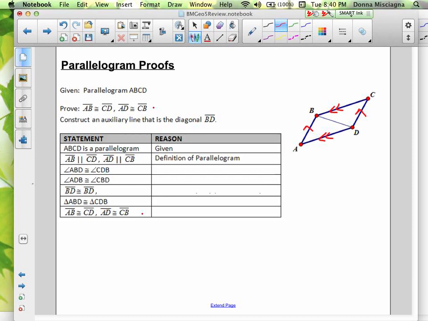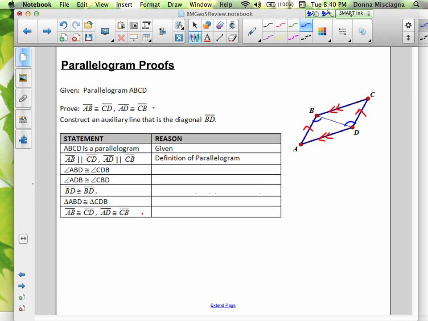But because we have stated that our opposite sides are parallel, because we have parallel lines, we know some things about the angles. One of the things we know about these angles is that angle ABD, which is this angle right here, is congruent to angle CDB.